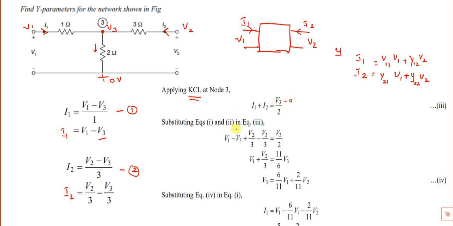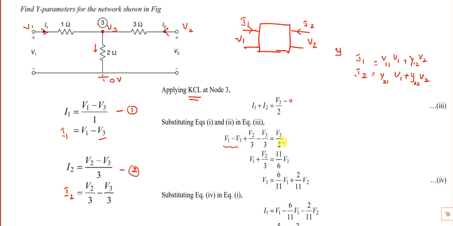Then you have to write the expressions for I1 and I2 from equation number 1. I1 is equal to V1 minus V3 by 1 and I2 is equal to V2 minus V3 by 3, so V2 by 3 minus V3 by 3. And here you see V3 is there, V3 is there. We have to separate V3 and get an expression for V3 like this. I will show for one problem: V1 and V2 by 3, keep it on the left side only.